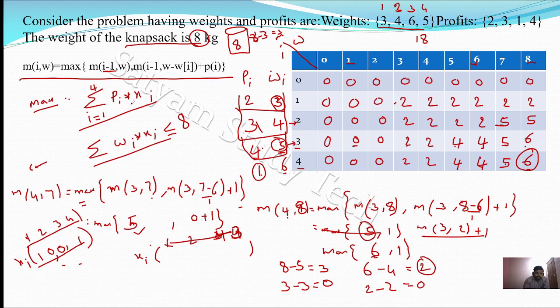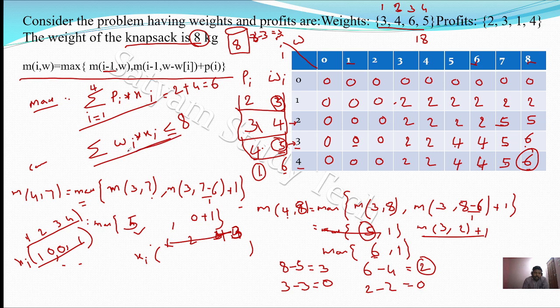Now here you can see the sum of pi into xi. The first one is p1 into x1, that is 2, profit 2, plus the last one, profit 4 into 1, that is 4. The maximum profit is 6.